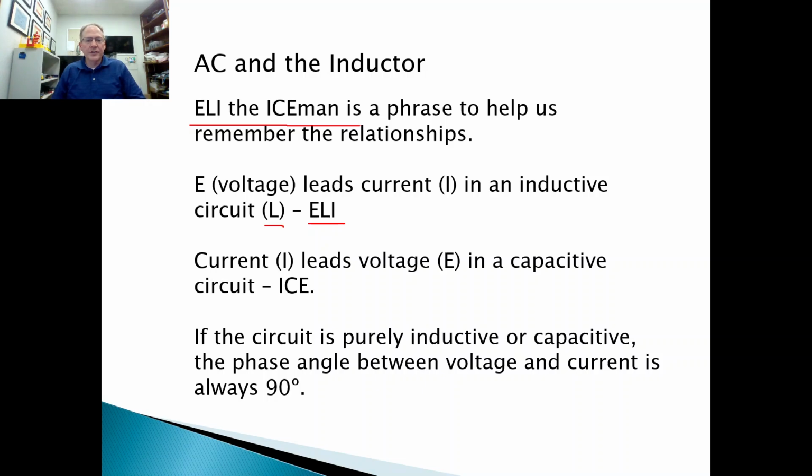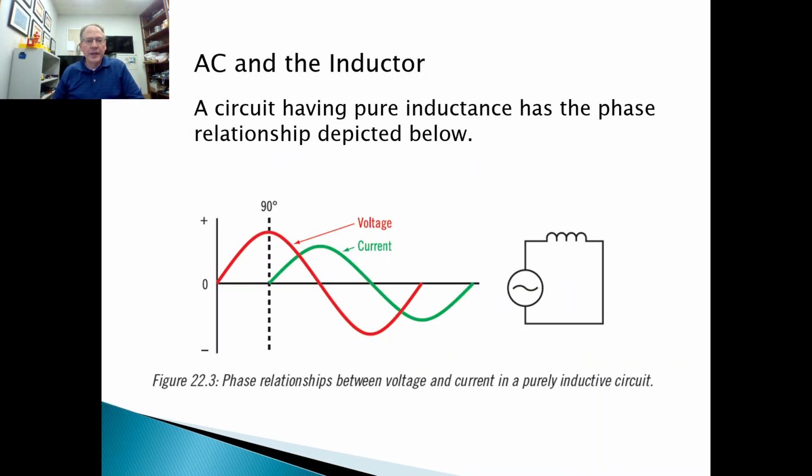In an inductor, the voltage leads the current, and in a capacitor, the current leads the voltage. Now, if the circuit is purely inductive or capacitive, that means there's no resistance. The phase angle between the voltage and the current is always going to be 90 degrees. We can see that in this curve, right? The distance here is 90 degrees because it's going from 0 degrees, and when this one starts at 0, the other is now at the halfway point of the positive phase, which is 90 degrees.